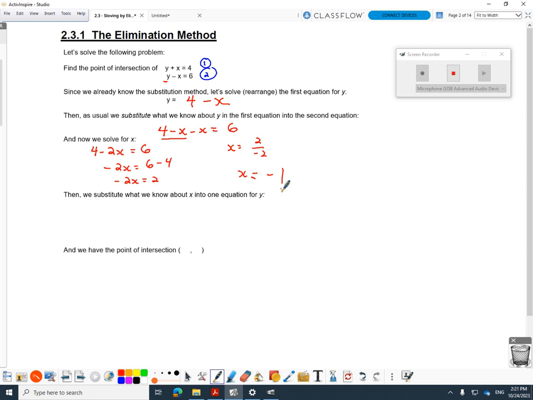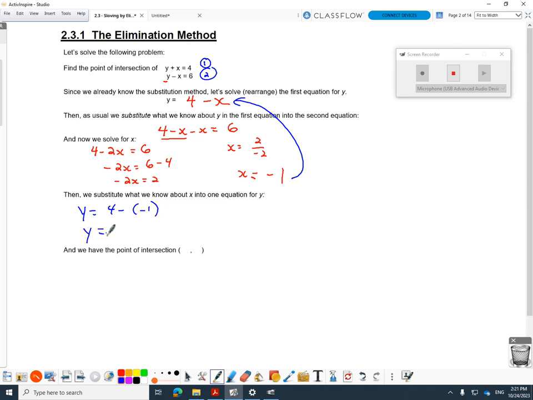What's next? Challenge yourself. Do you remember now? Y equals 4 minus negative 1. Yes, put that in there. Y equals 4 minus negative 1, which is a difficult integer question.